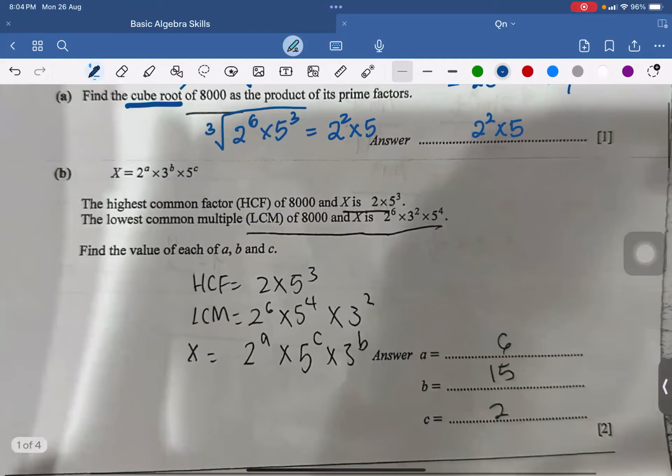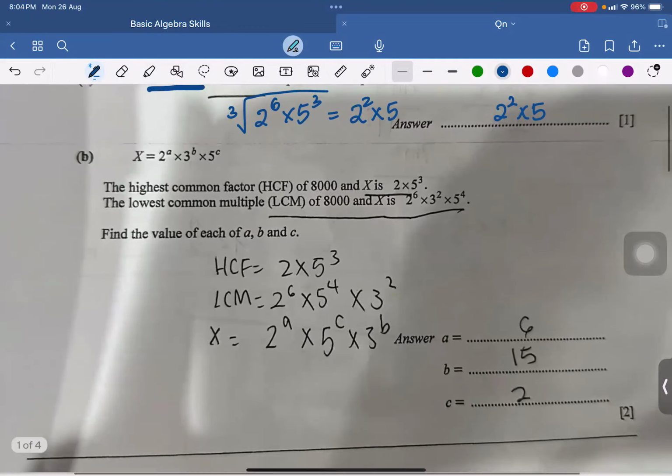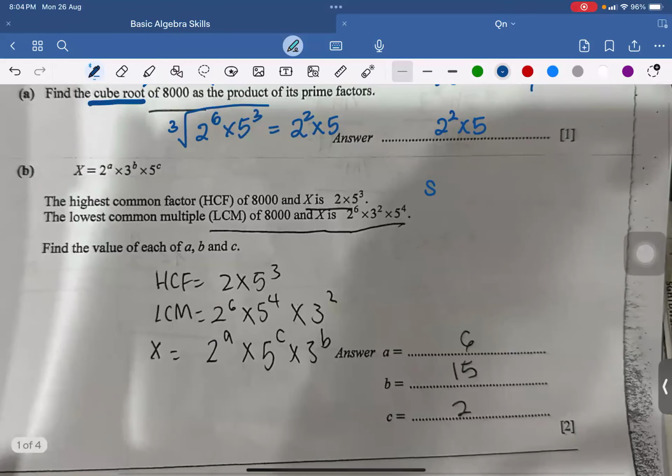Right, next one. This one is actually quite a good, interesting question to do. Now you have a number 8,000 to begin with. 8,000 is already made out of 2 to the power 6, 5 to the power 3. I have a number x which I do not know. We always first start with the highest common factor. They say the highest common factor is 2 times 5 cube.